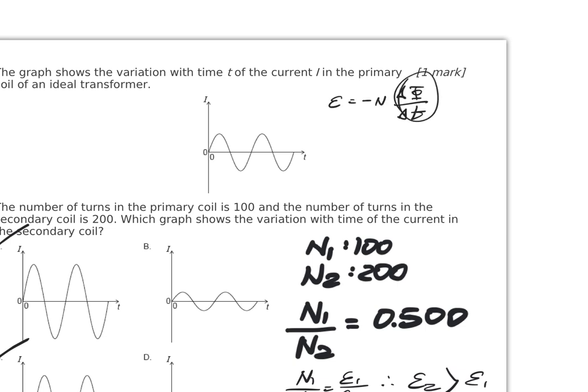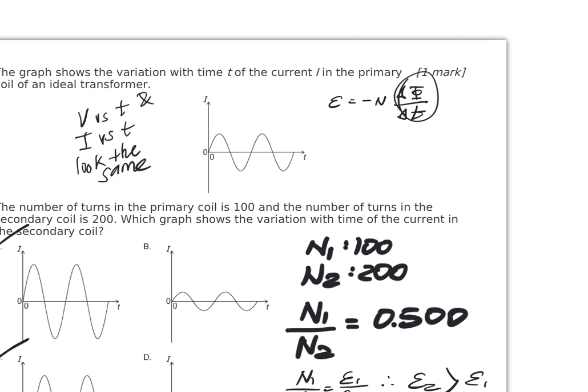And you're going to get the greatest change in flux when there is the greatest current change. In other words, the greatest voltage change and the greatest current change. The voltage graph and current graph look the same.